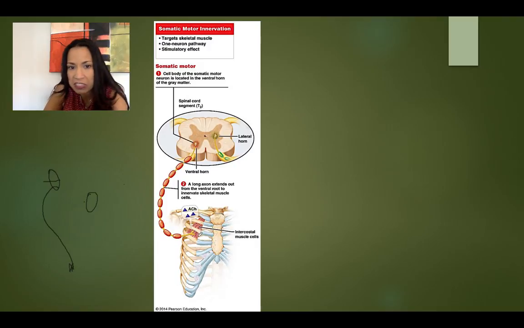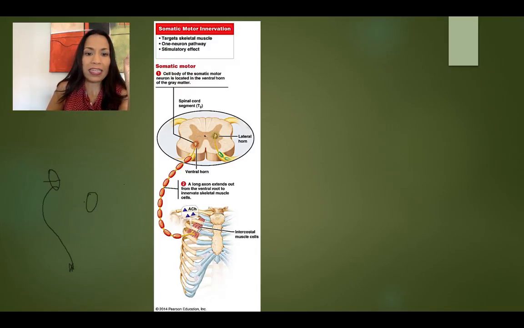In this case, I don't know what muscle that one is. At the beginning, it looks like pectoralis. Any respiratory muscle, a skeletal muscle in there, okay? Doesn't look like an intercostal. Okay, that's it.